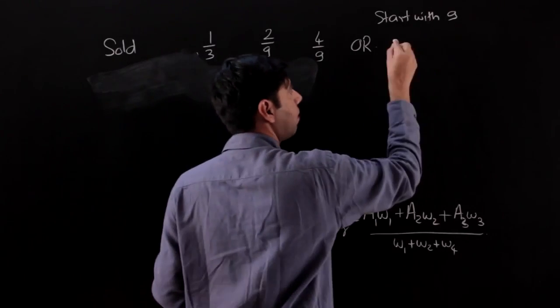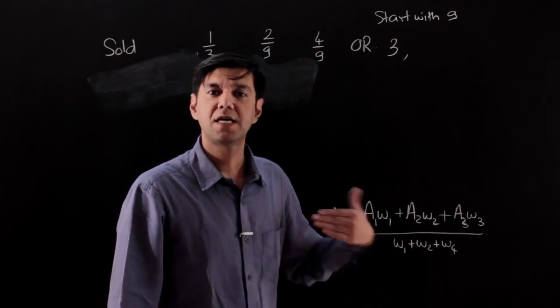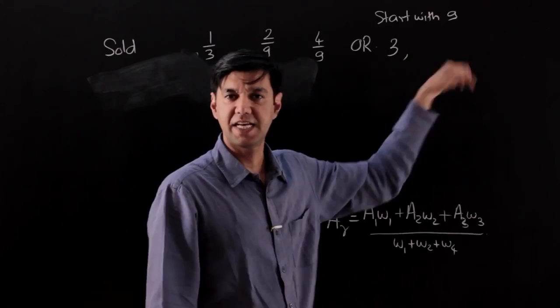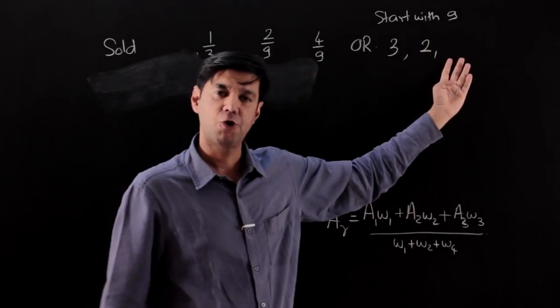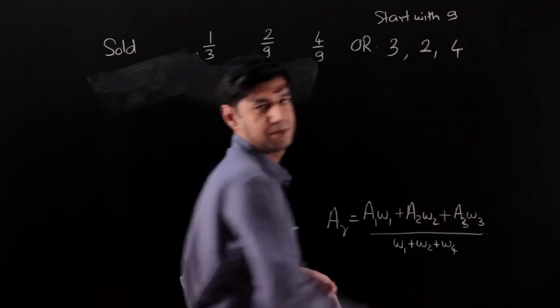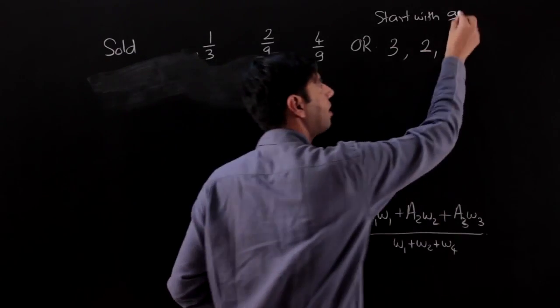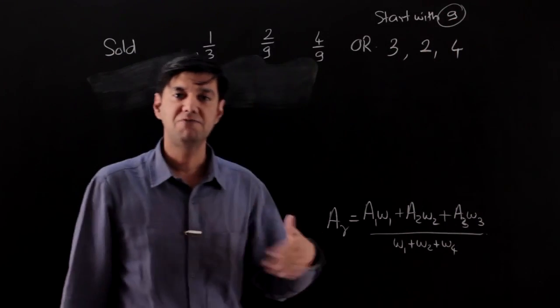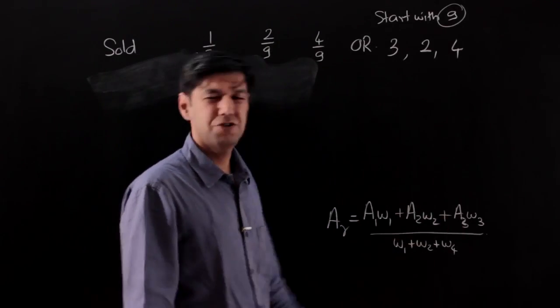The first part is 1/3, which is pretty easy, 3. The second part is 1/3 of the remaining. What will be remaining? 6. What is 1/3 of 6? That is 2. And the leftover: 5 have been sold out of 9, so the leftover is 4. So I could have even done it without fractions in this way. I just need to understand how to come to a number which will avoid fractions. Once we have deciphered this, then the question is pretty easy.